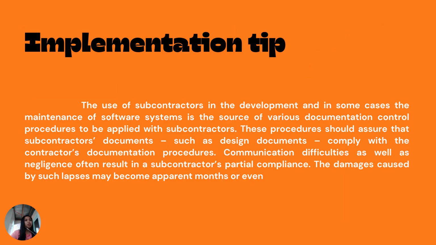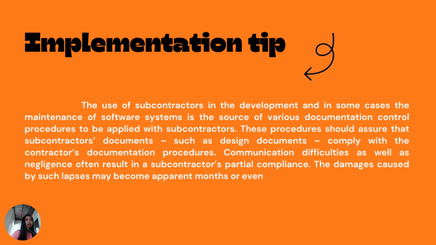Next is the implementation team. The use of subcontractors in the development and, in some cases, the maintenance of software systems is the source of various documentation control procedures to be applied with subcontractors. These procedures should assure that the subcontractors' documents, such as the design documents, comply with the contractor's documentation procedures. Communication difficulties as well as negligence often result in subcontractor non-compliance or partial compliance.